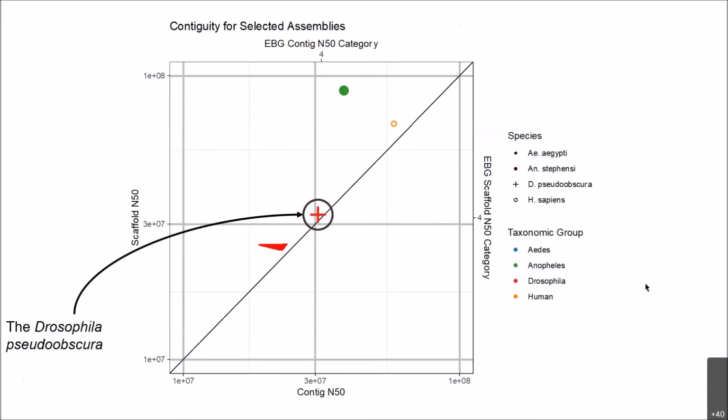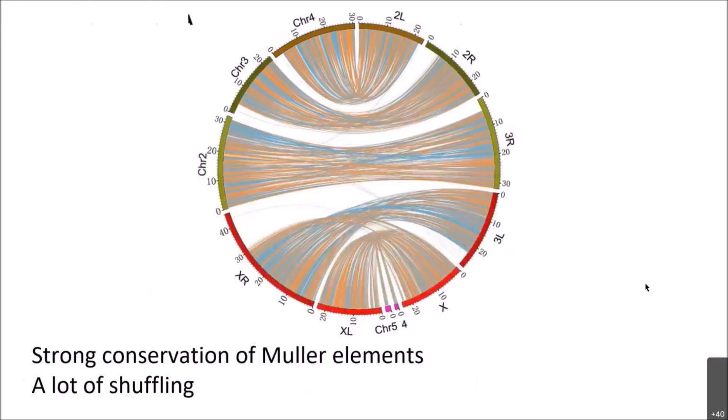So if we move to the next slide, first I want to remind you that this is a classic result. We've put it into a new format here, but we've known this since Sturtevant was looking at different karyotypes of different species nearly 100 years ago.